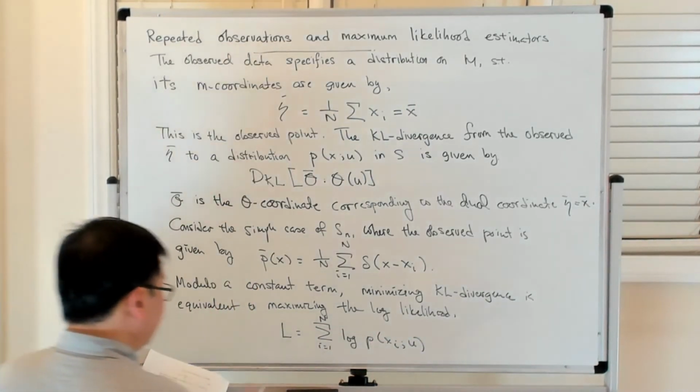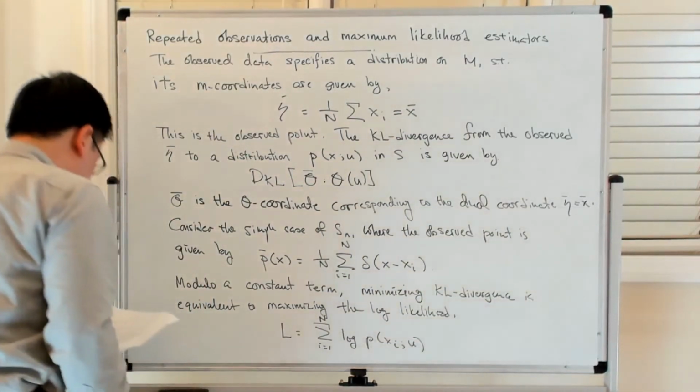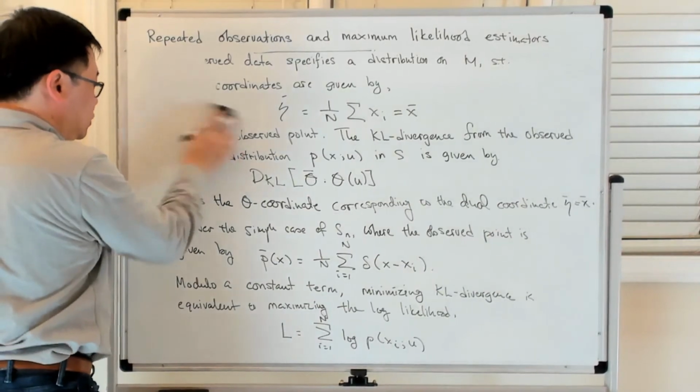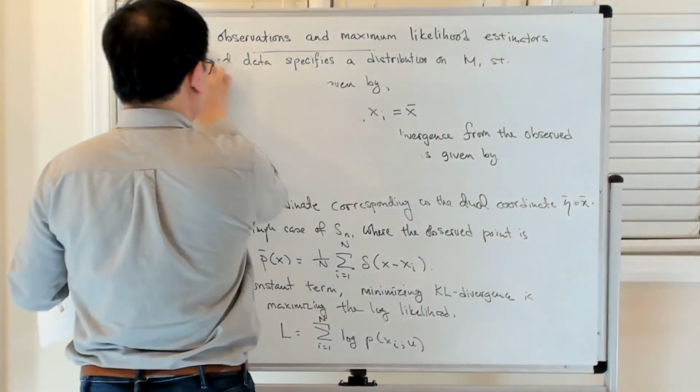So the point basically is that this maximum likelihood estimator corresponds to a projection, if you will.